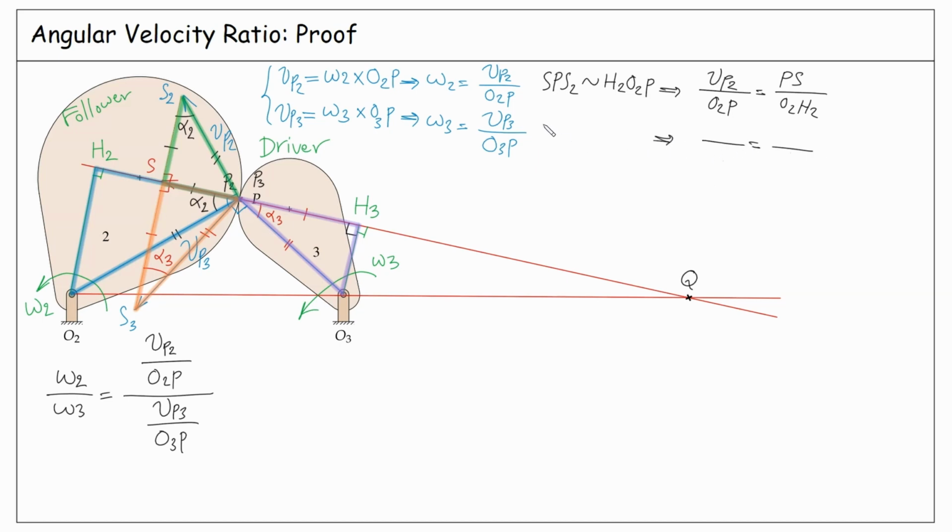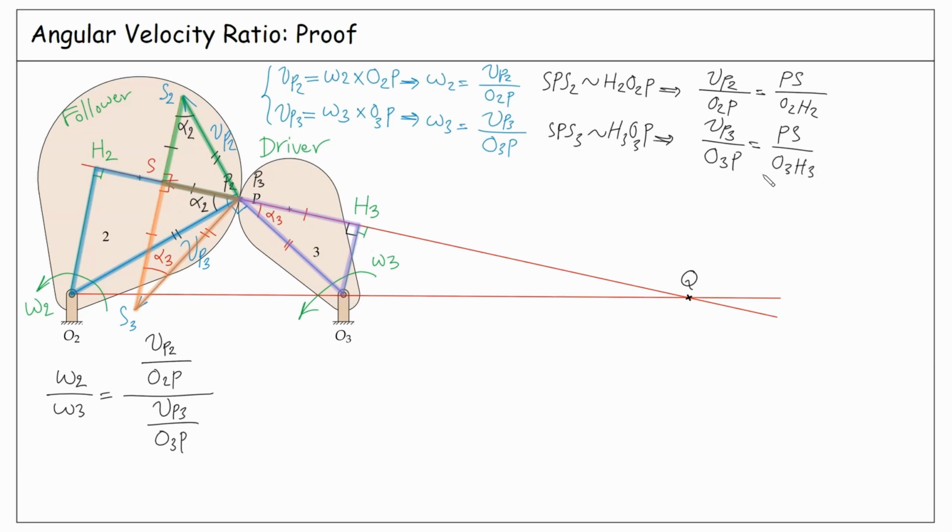In the triangle SPS3, opposite to the right angle, we have this side, which is velocity of P3. And opposite to the alpha 3 angle, we have this side, PS. Correspondingly, in the triangle H3O3P, opposite to the right angle, we have O3P, and opposite to the alpha 3 angle, we have this side, O3H3.